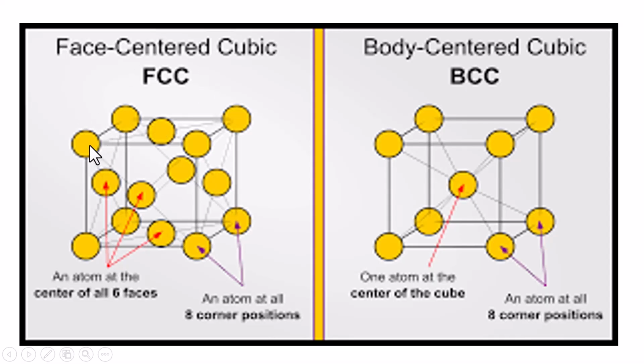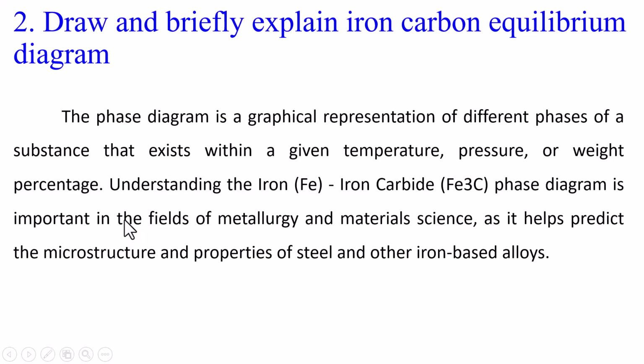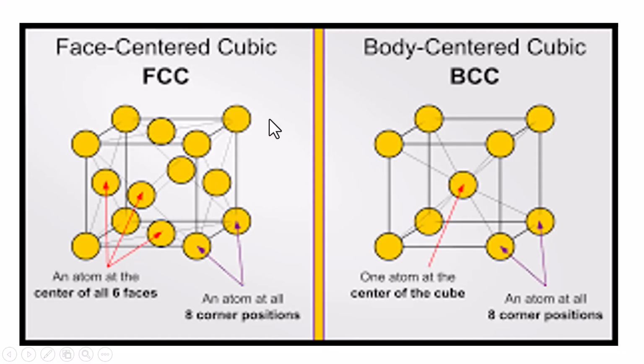This is FCC. You can see corner atoms. This is a cubical structure. Corner atoms 1, 2, 3, 4, 5, 6, 7, and here also 8 atoms are there. And face center atoms you can see 1, 2, 3, 4, 5, and 6.